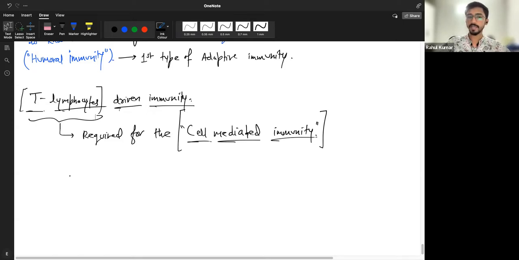Okay, so you can write down the last point in cell mediated immunity. The body is able to distinguish between self and the non-self tissues.